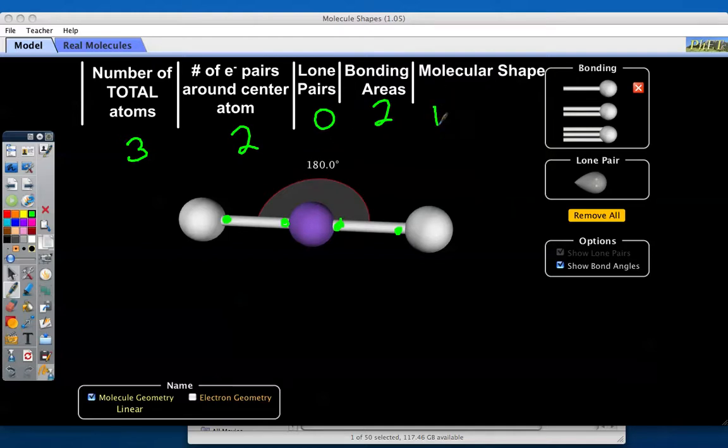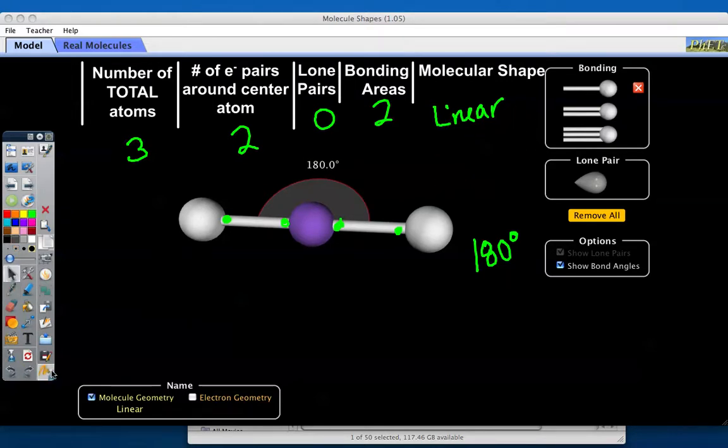The molecular shape for this is linear. The bond angle is 180 degrees. Straight line is 180 degrees. Notice that this molecular shape is linear, as well as our model with just 2 atoms. So there's 2 different types of linear molecules.